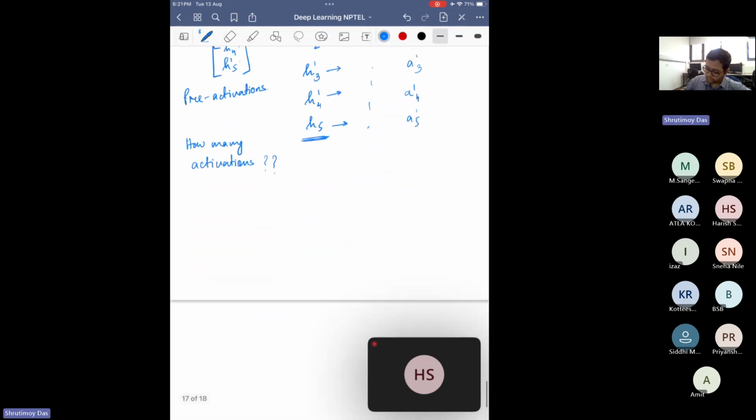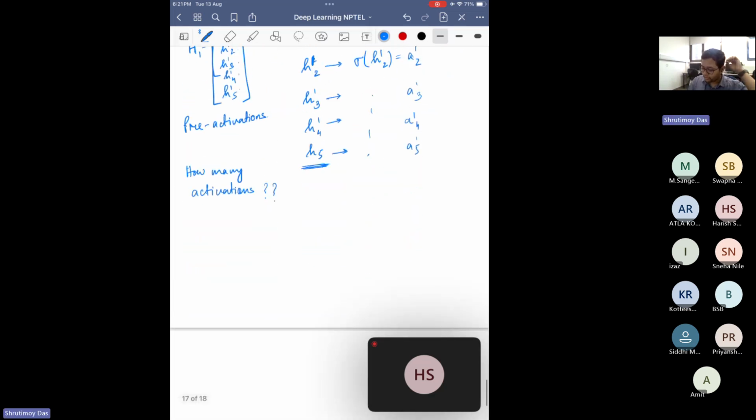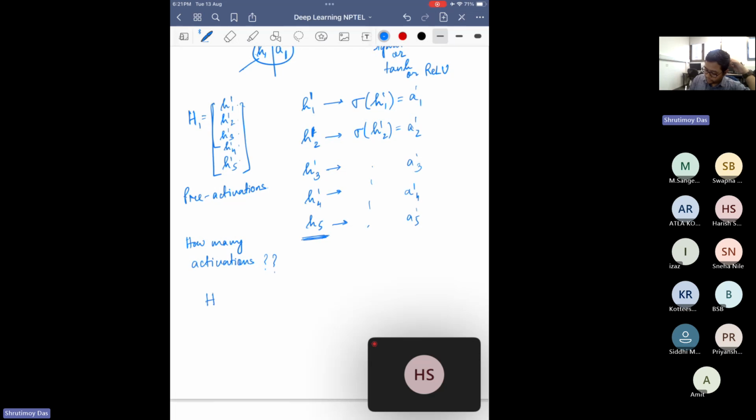Now, to write it in a short notation, we have H1, and we apply some nonlinearity. This is element-wise, because we are applying the nonlinearity on each element of this vector. So we apply an element-wise activation, and we get some vector, say A1. So what is A1?